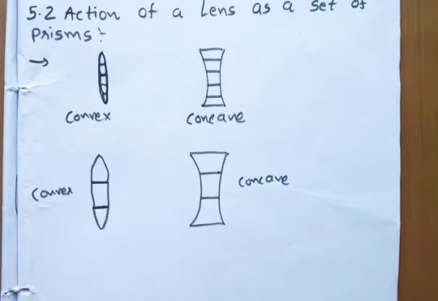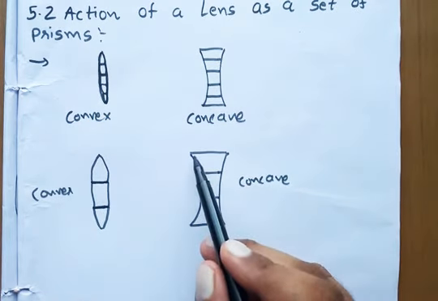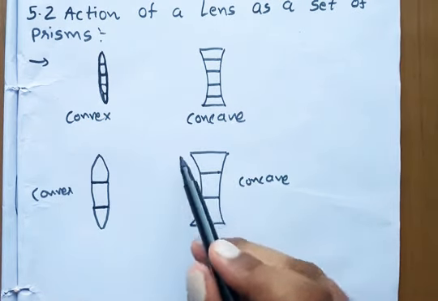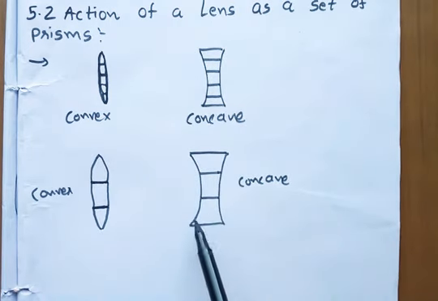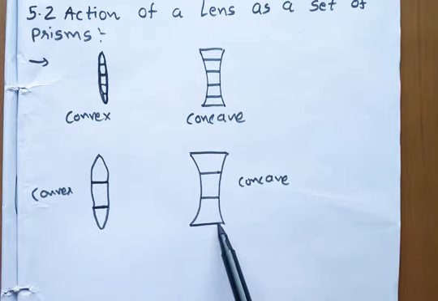In concave, for the upper part our base is on the upper portion, and for the lower part our base is in the lower portion. Clear? So that simply tells us how in a convex lens the rays will converge, and in a concave lens the rays will diverge.